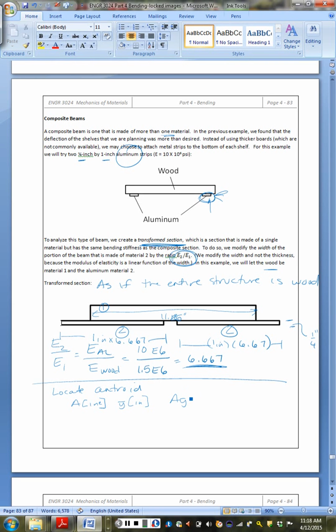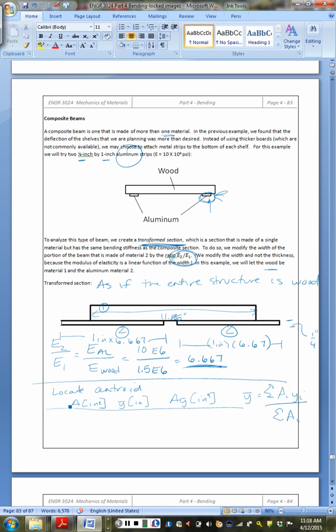We take the product of those, and we know that the overall centroid of the new section is the sum of those products over the sum of the areas.